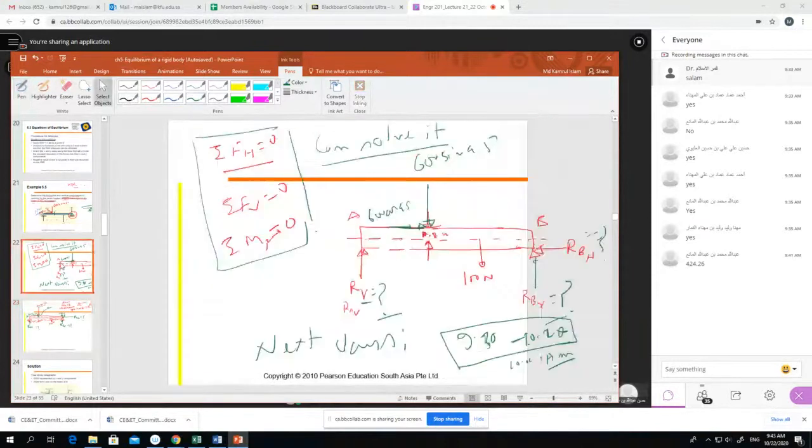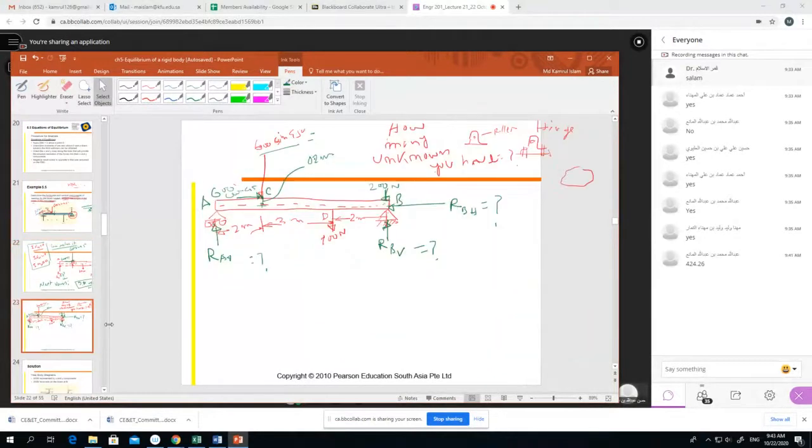Yesterday I think I wrote down something. Yes, RBV, RBH, what are the values? Now we have three equations: summation of FH, summation of FV, and summation of moment. We have only these equations to solve for the unknowns.